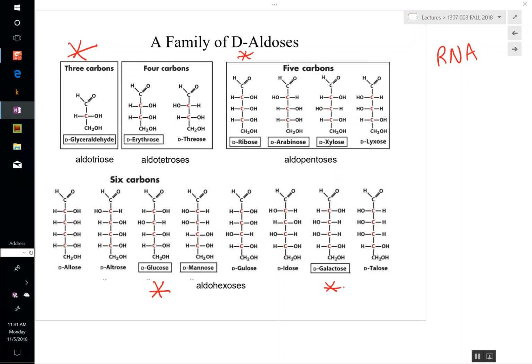These are Fischer projections of these molecules. And then the only other one is fructose. It's not on here, because these are all aldoses. Okay, so there's 5 monosaccharides that you should make 3x5 cards of and know how to draw them.